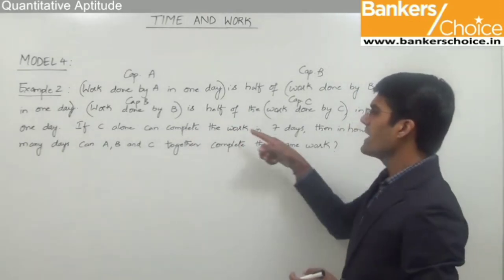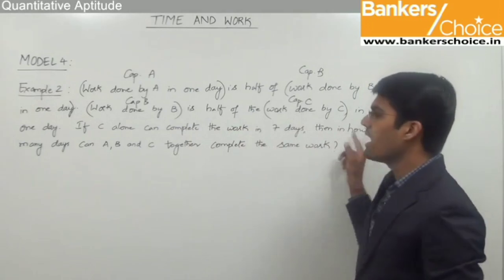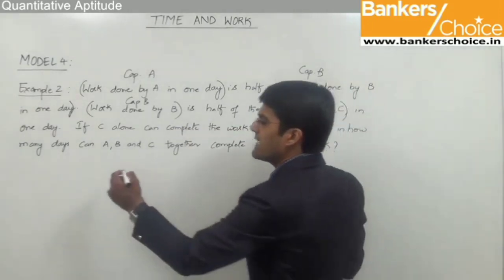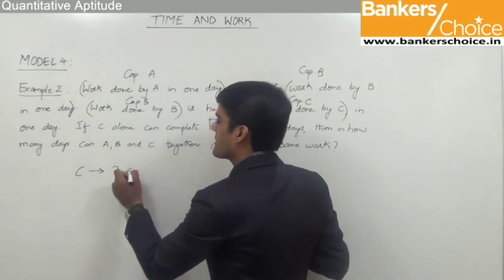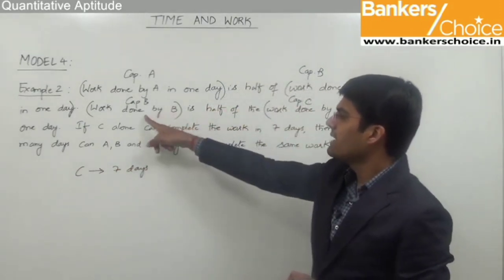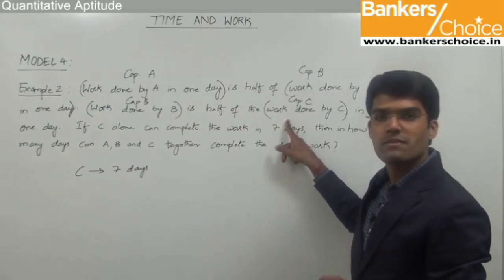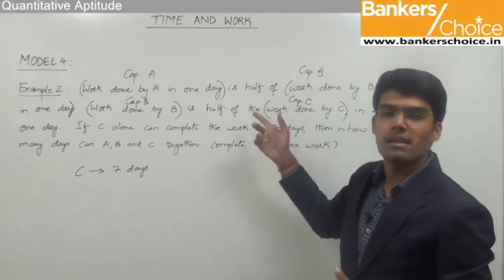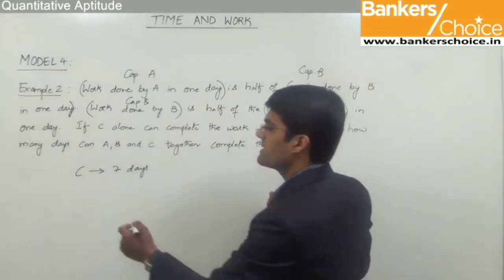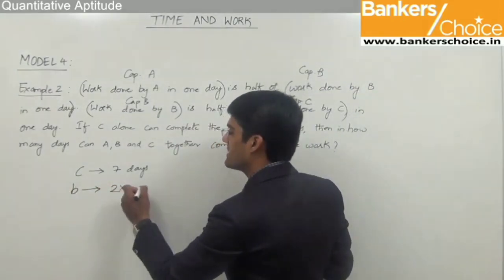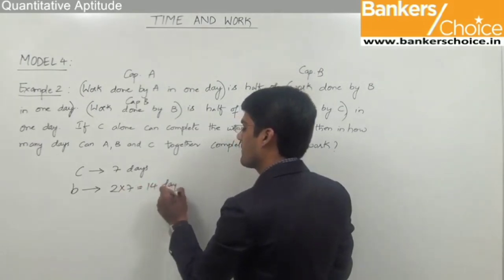So if C alone can complete the work in 7 days, then in how many days can A, B and C together complete the same work? We know that C here takes 7 days. And from the second statement we can understand that capacity of B is half of capacity of C. So very clearly number of days required by B will be double the number of days required by C. So we can say that number of days required by B should be 2 into 7, that is nothing but 14 days.